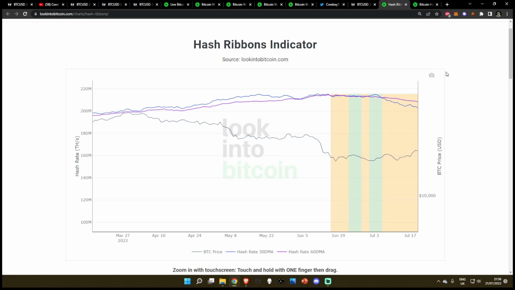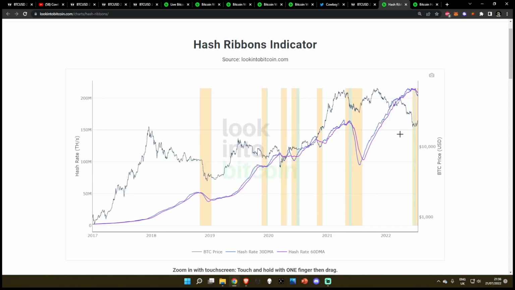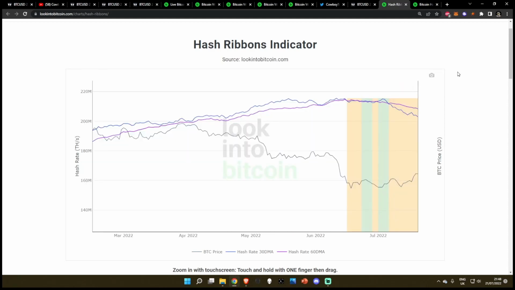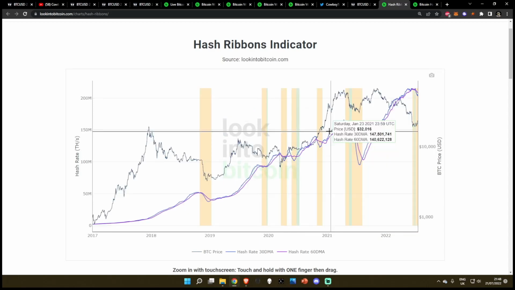So at this moment in time, what the hash ribbon indicators are telling us based on previous capitulations is we have not yet reached our bottom, but we are in the stage where both the hash rate on the 30-day moving average and the 60-day moving average are capitulating, and we're simply waiting for this bullish flip of the 30-day to cross above the 60-day moving average to mark the apex of the minor capitulation for Bitcoin.